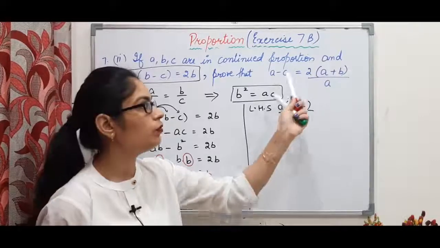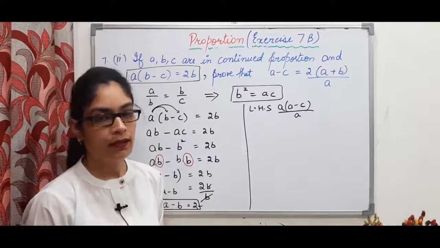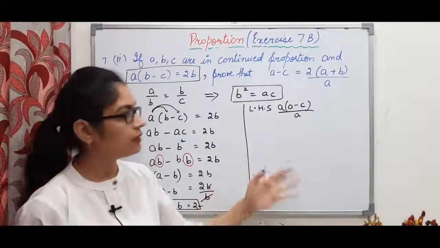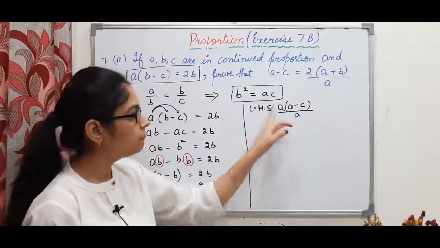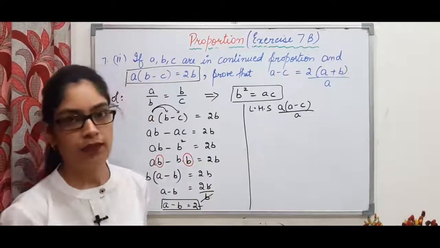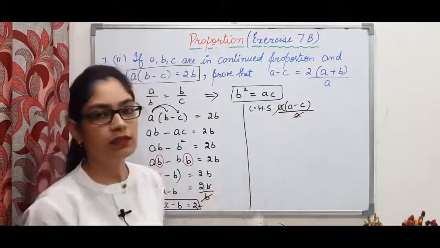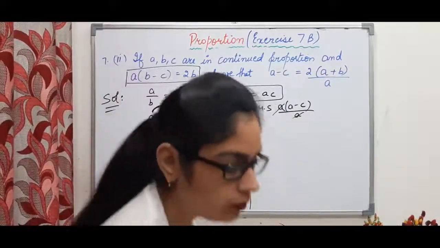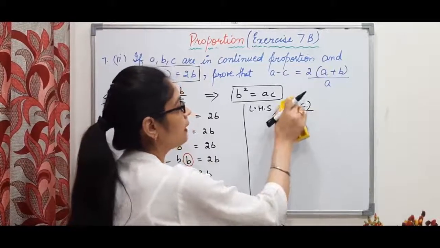Goal here is to prove these things. So I can do anything, but it should be correct and acceptable. Multiplying and dividing a minus c with the same term won't make any difference because it will get cancelled. So it is still the same thing, a minus c.